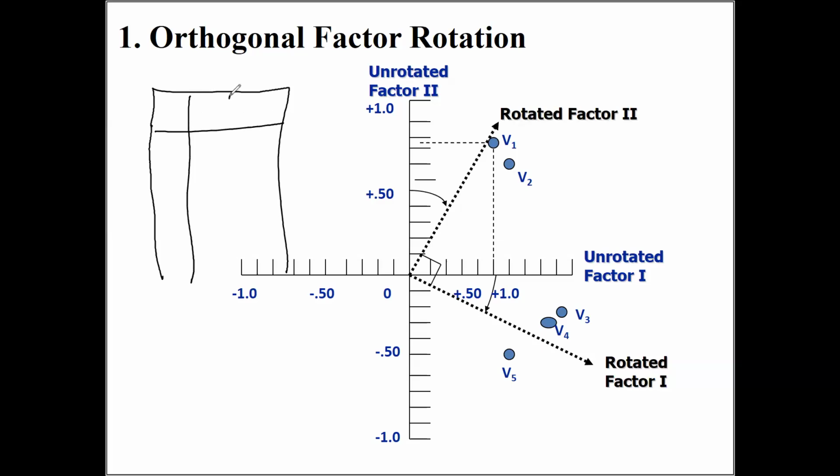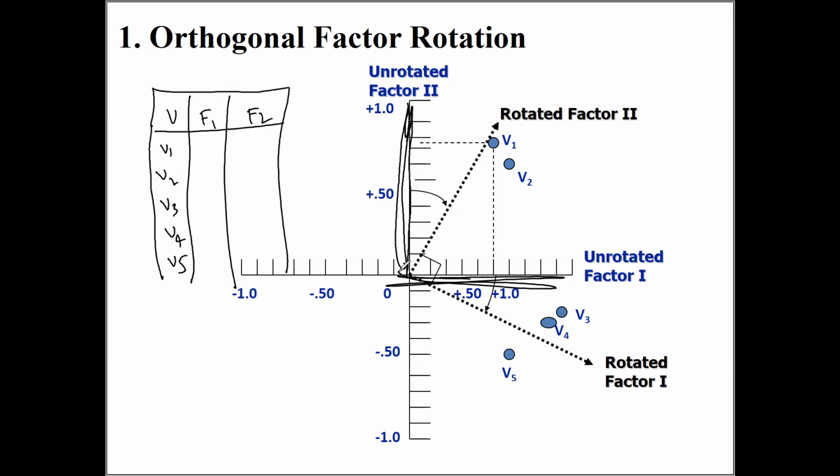These are the variables V1, V2, V3, V4, V5, and there are two factors F1 and F2. This is one y-axis and this one x-axis. It is unrotated, meaning factors F1 and F2. Is it clear? So it is unrotated.